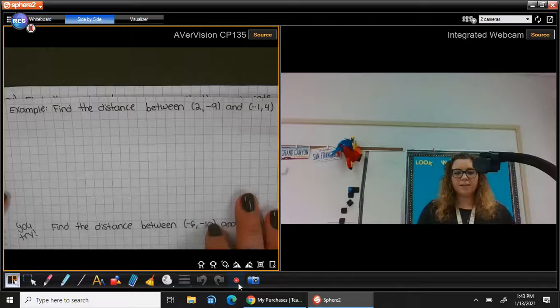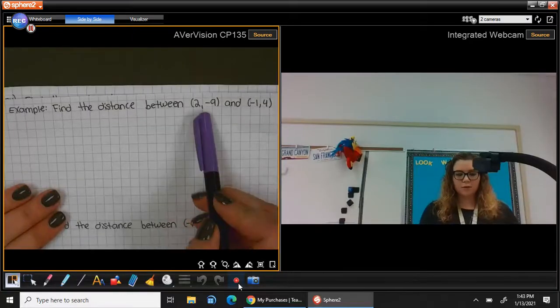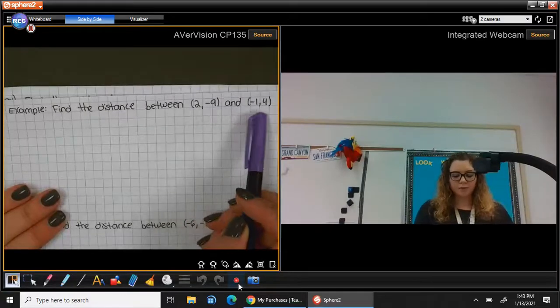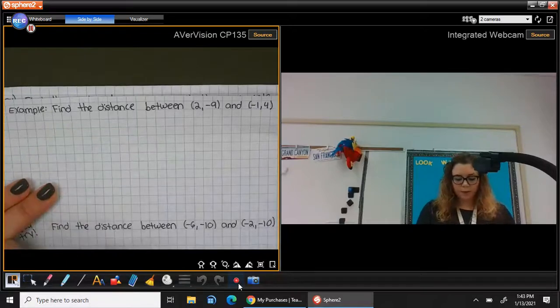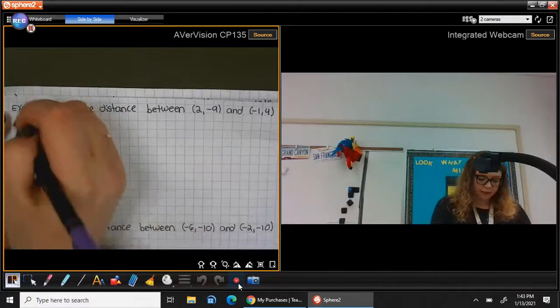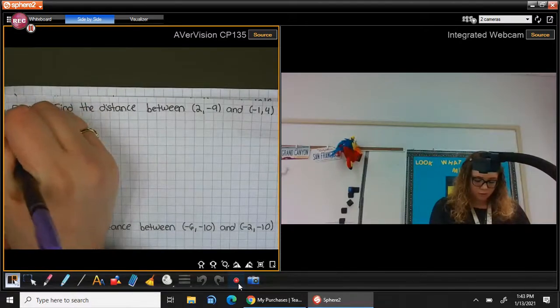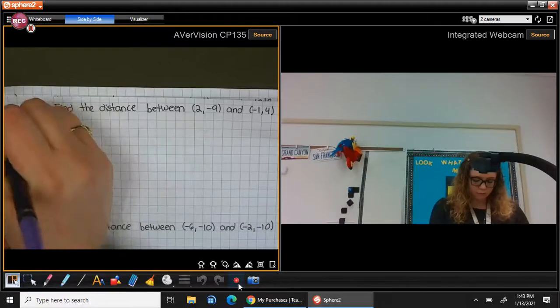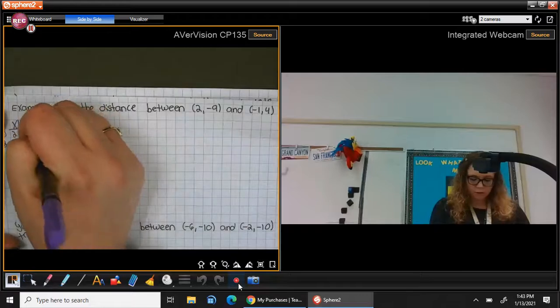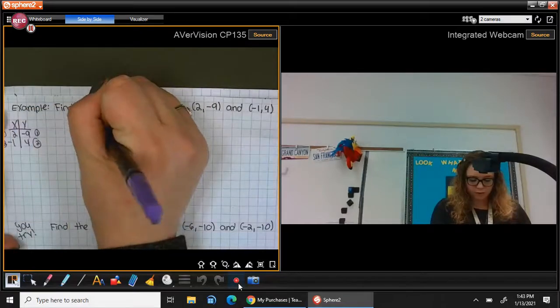So find the distance between 2, -9 and -1, 4. So again, I'm going to stack it. I'm going to write out my distance formula.